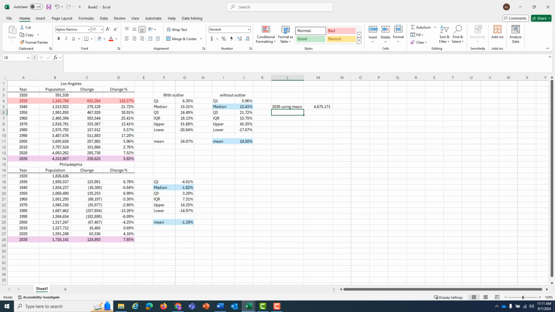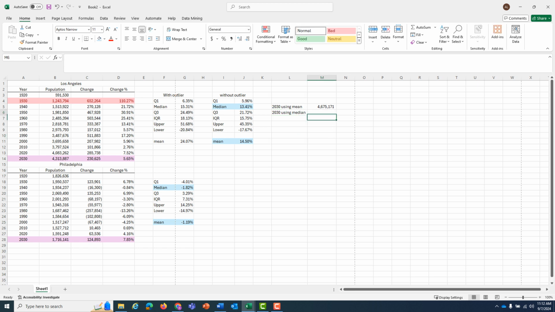What about if we use the median? Sorry, 2030 using the median. Same concept applies. Our median average was 13.41%. We are going to have this be equal to whatever 2020's population was, times 1 plus the median rate of change, which is 13.41%.